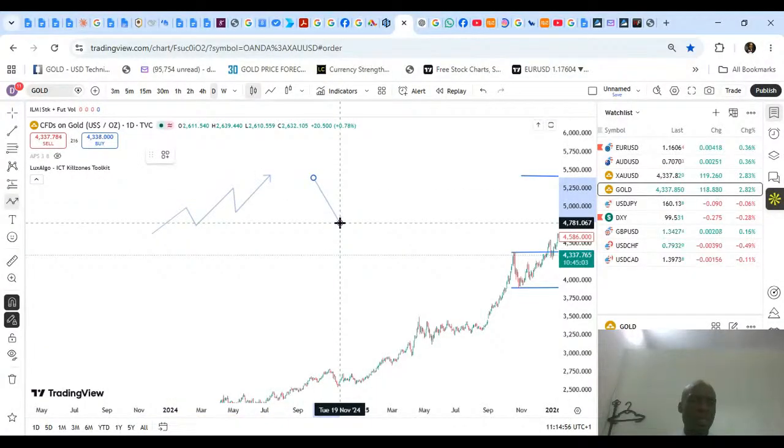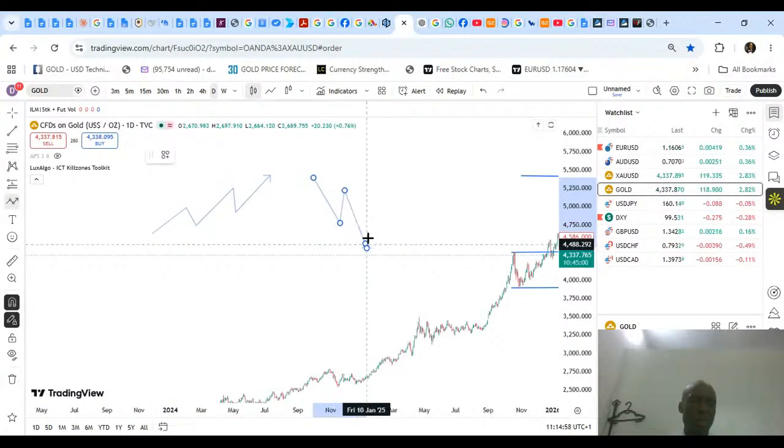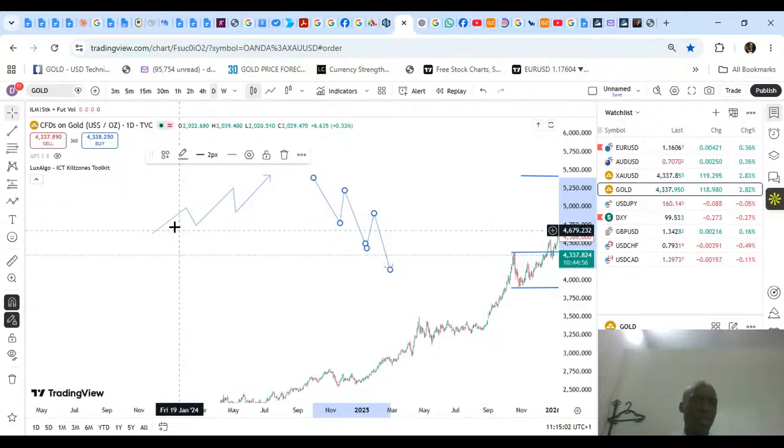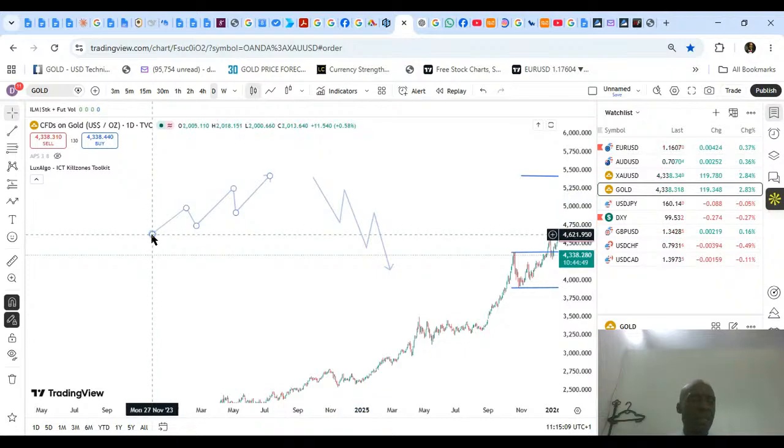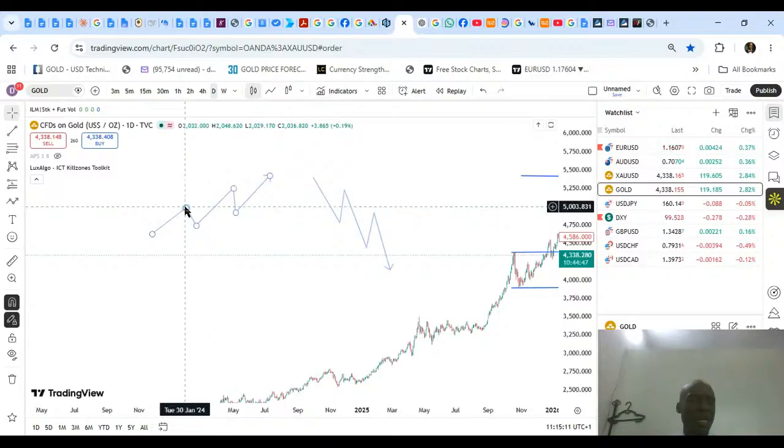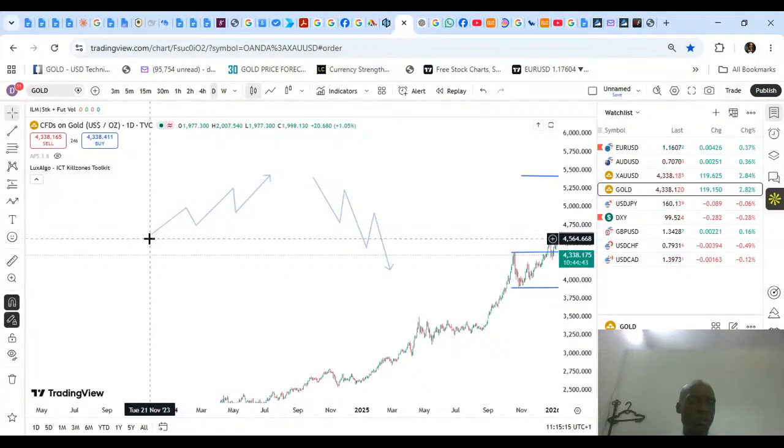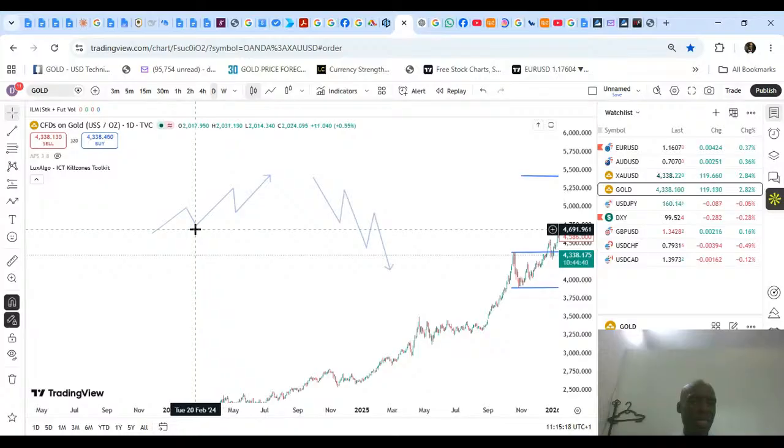In an uptrend, we discover that the market should be making higher highs. From here, it makes a high, then a higher low. It doesn't go back to the previous low. It makes a higher low.